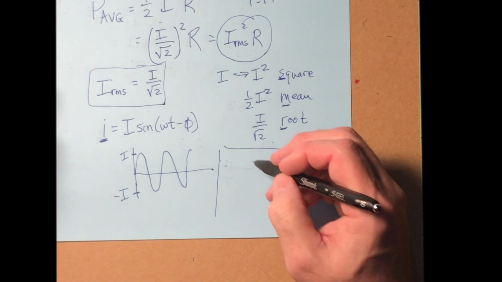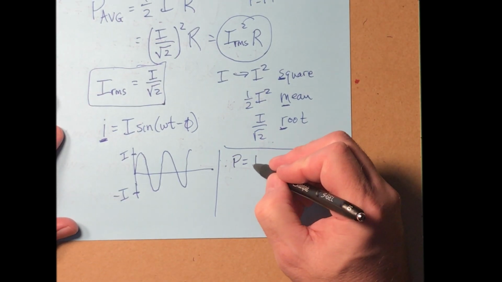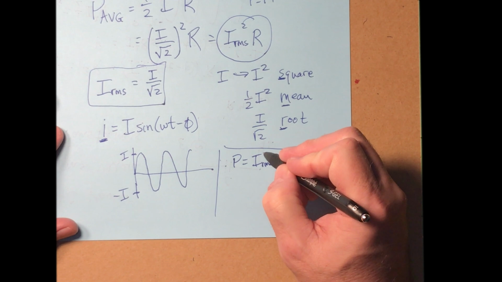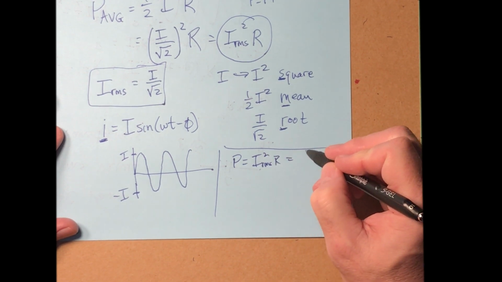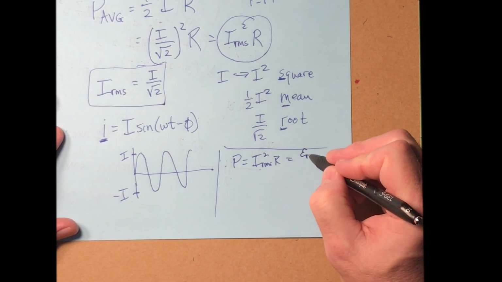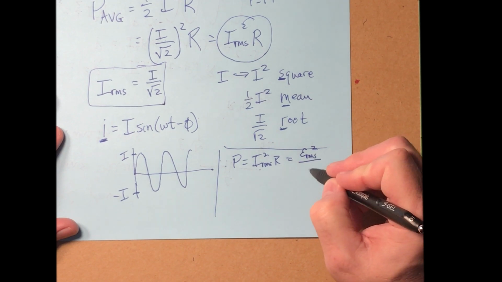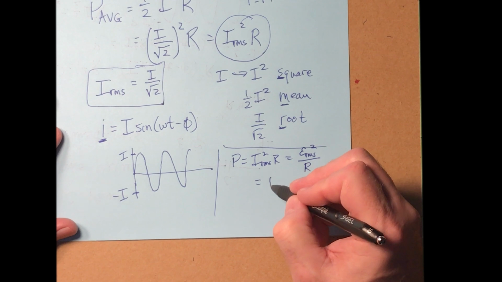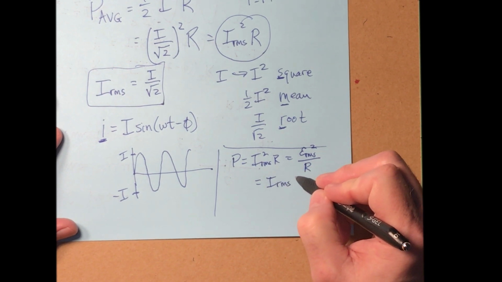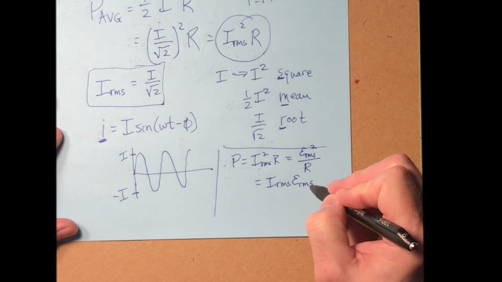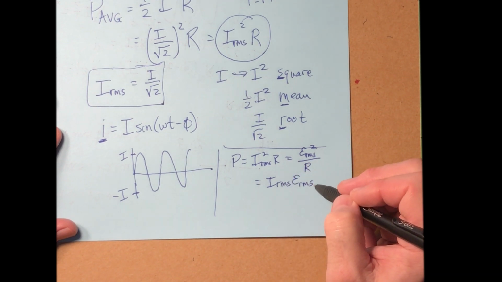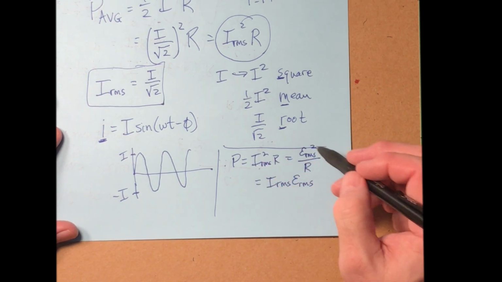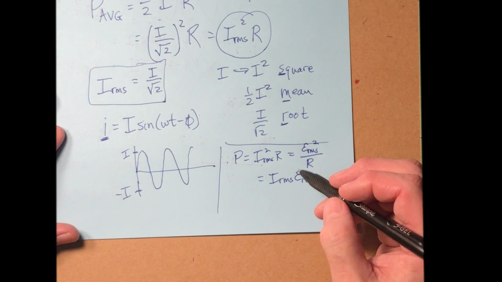So power equals I RMS squared R. It's also equal to E RMS squared over R, that's V squared over R. Or it's equal to I RMS times E RMS. That's P equals IV. So these are the old faithful power equations that you're used to.